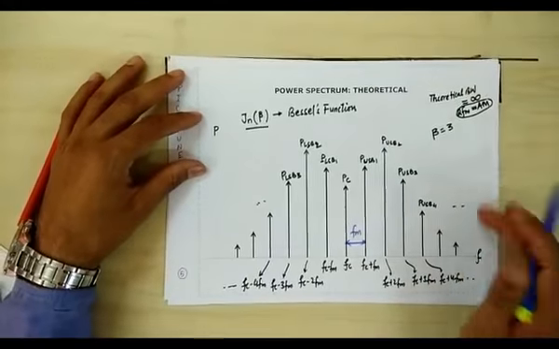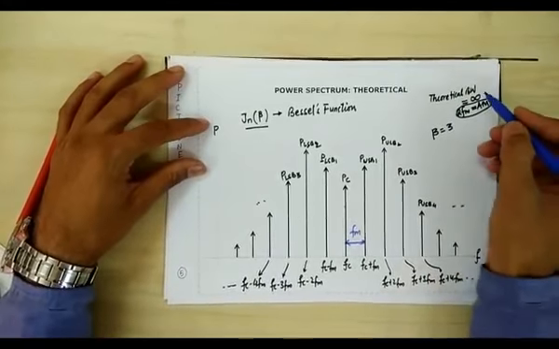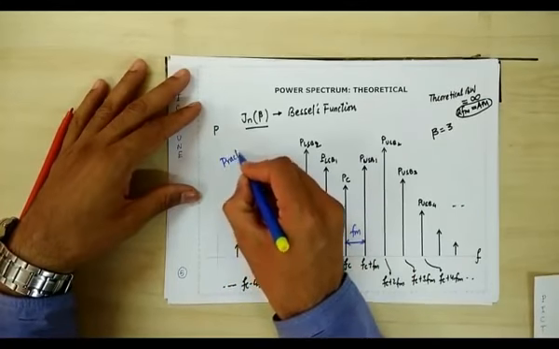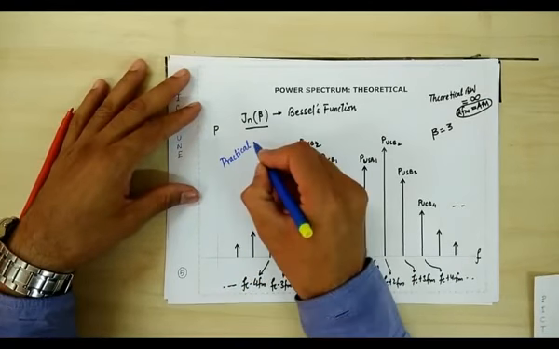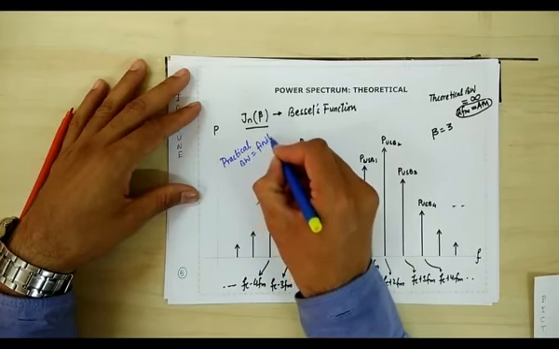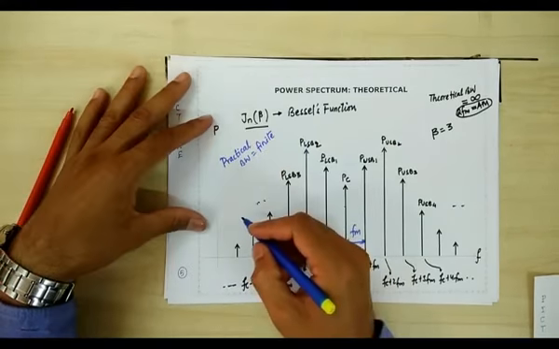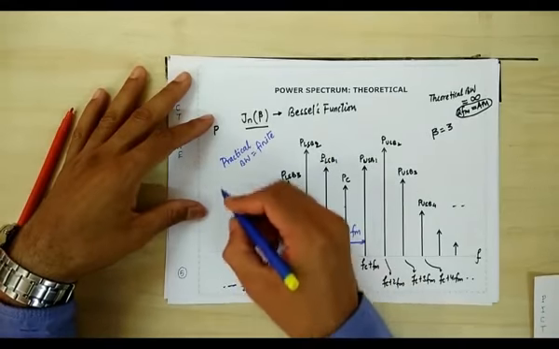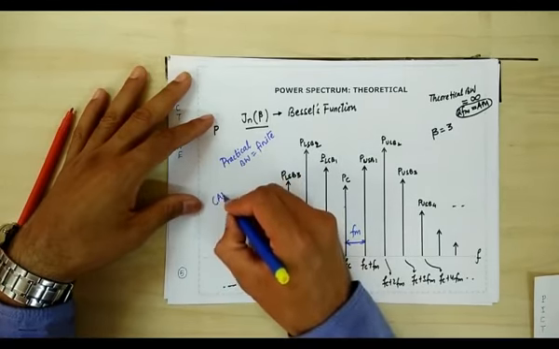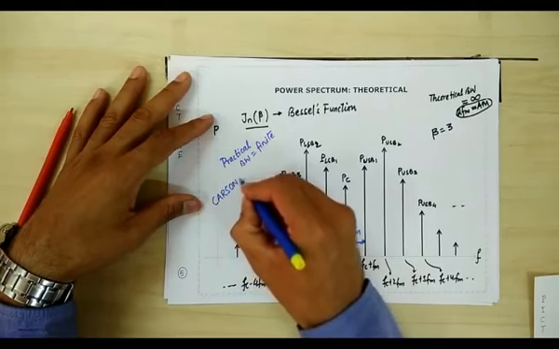So as I said, theoretical bandwidth is infinite, but practically this bandwidth is finite, and to calculate this bandwidth we have the Carson rule for finding the bandwidth.